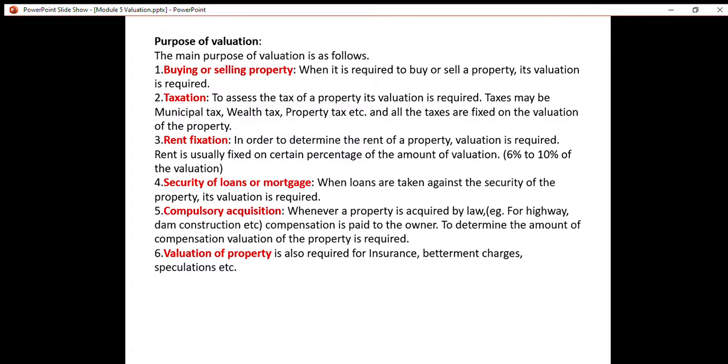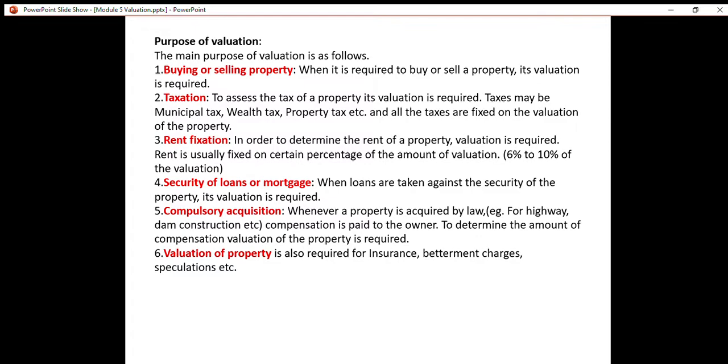Second, for taxation, the authorities like the municipality or Mahanagarapalike authorities calculate the tax based on the valuation of your property. Number 3, rent fixation. The builders or the developers fix the rent of the flats in the apartment based on its valuation.